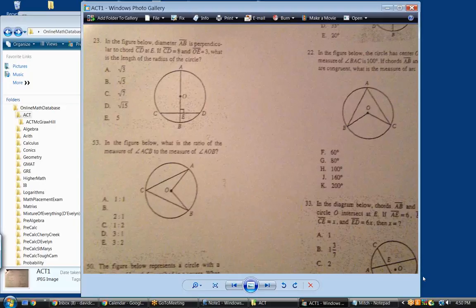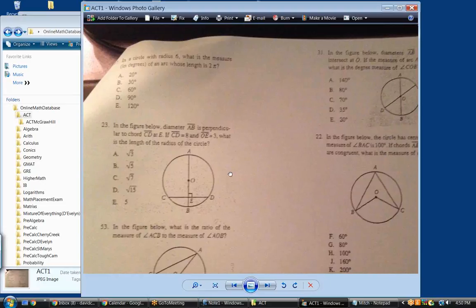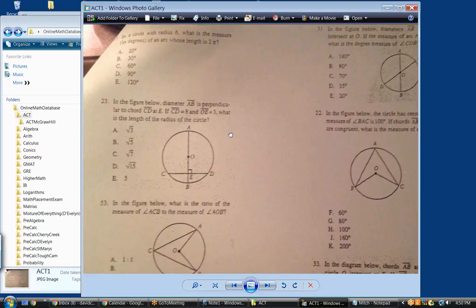However, some of these I've never seen on tests before. If you were taking a geometry class, you would see this question, and you would see some of these others. But for the ACT, no.